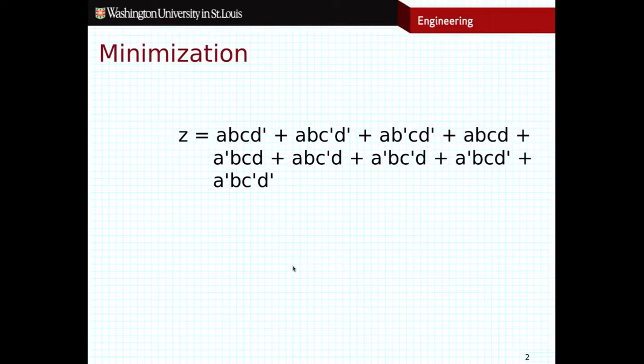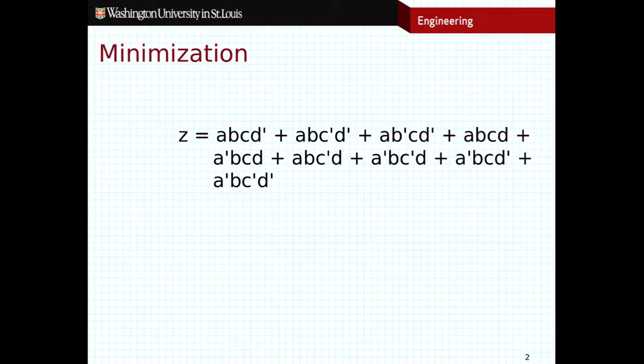Okay. So for starters, when I look at an equation like this and I want to minimize it, when I want to try and simplify it as much as possible, the first thing that I'm going to do is try to identify terms that are very similar to one another but not exactly the same. So specifically, I'm looking for terms that are identical except for one input value is different.